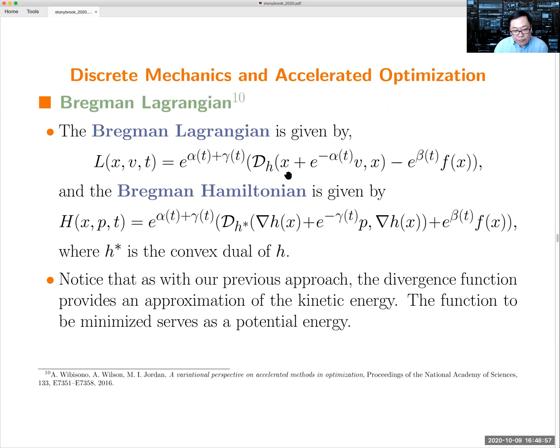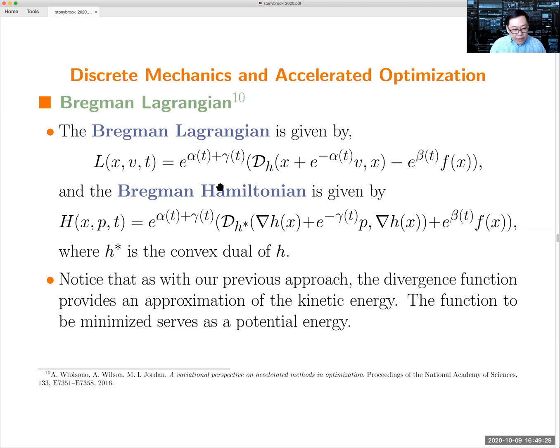Here you have the divergence function evaluated at two nearby points, which you should think of, morally, as something like a kinetic energy term, consistent with what I talked about earlier about using the divergence function to approximate kinetic energy. And of course, this term is the cost function, what you're trying to minimize, which plays the role of a potential, and then there is some time-dependent scaling.